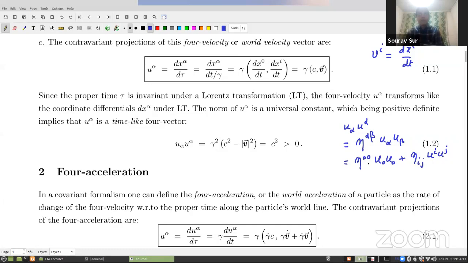I'm sorry, it would be rather better if I use it this way. So this is eta_alpha beta u^alpha u^beta: eta_00 u^0 u^0 plus eta_ij u^i u^j. eta_00 is 1, so this is (u^0) squared, and eta_ij is minus delta_ij.